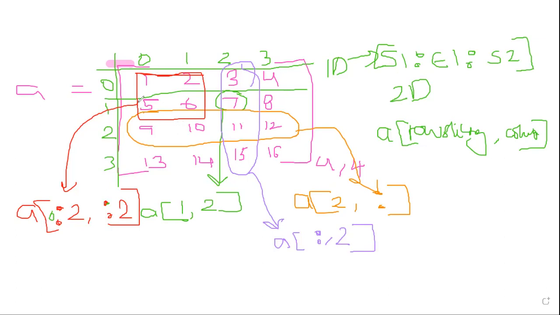Now I'll take a last example. What I want to do is, let's suppose, I want to get this complete portion as an output. I'll write it here. How can we do this now? If you want to access these two specific columns, then corresponding to the rows, we are accessing all the rows' elements.